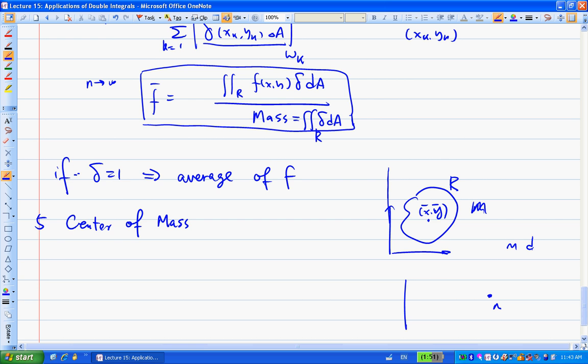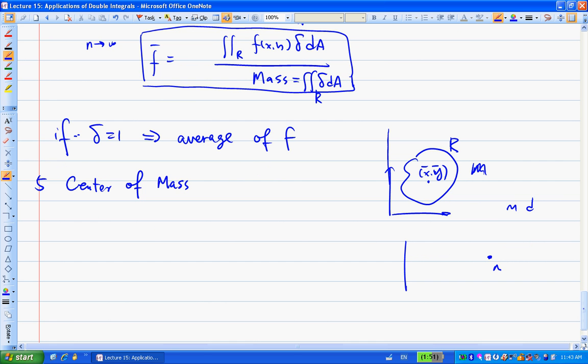So let's say I'm trying to find the x coordinate of the center of mass, this distance here. And here's m, this m here. Let's just use m. I'm trying to look at the value of m x bar here.